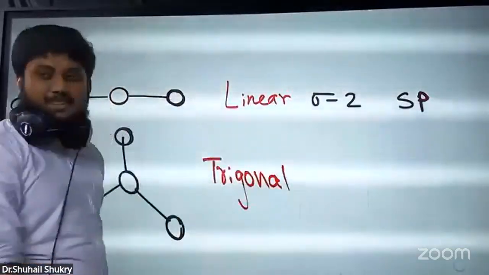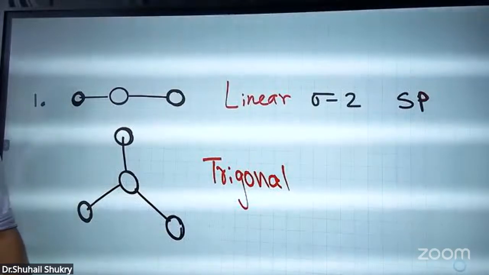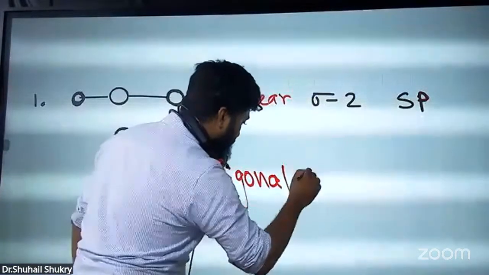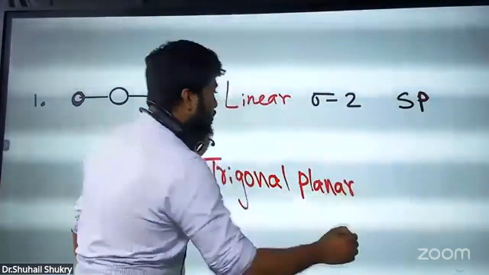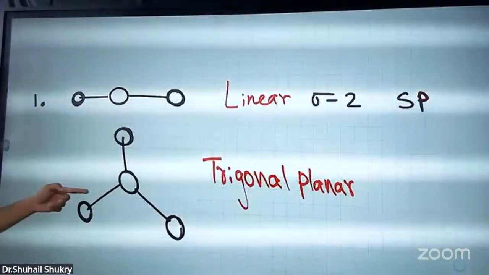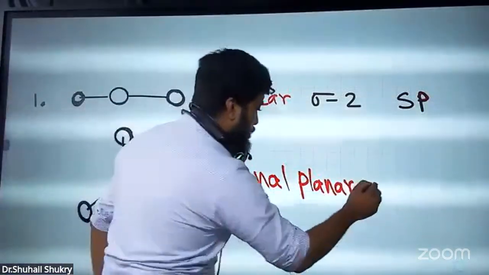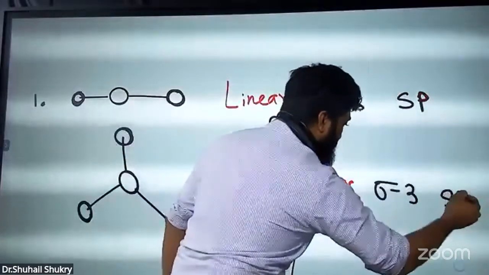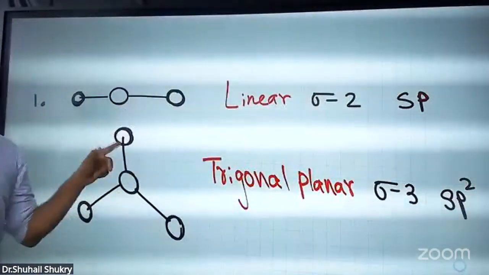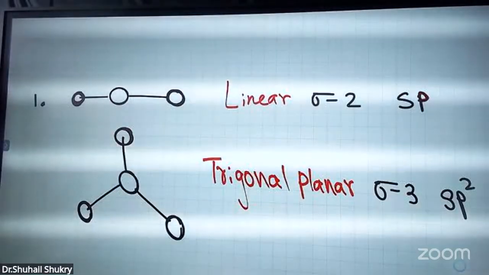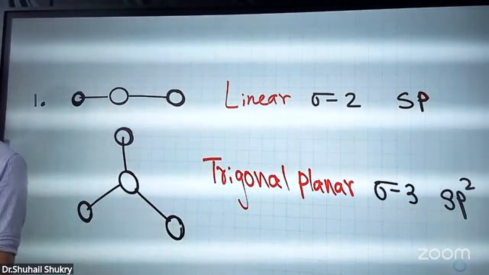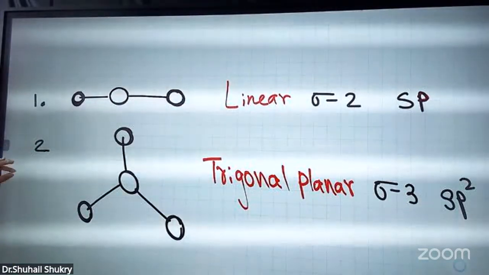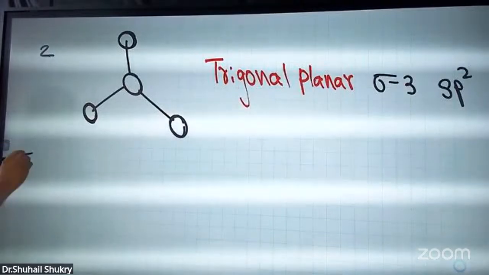If they said just triangle, that would be math, so in chemistry they said trigonal planar. Then how many sigma bonds are here, guys? 3 sigma bonds. Then what is the hybridization? sp2. These two molecular shapes are okay. Then they will give different molecules and ask you to find the shapes. We'll see how to do that later. At the moment, we'll see the shapes.